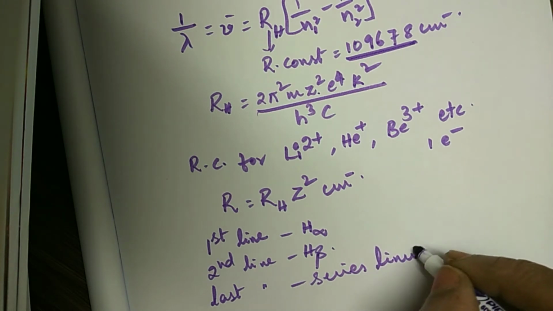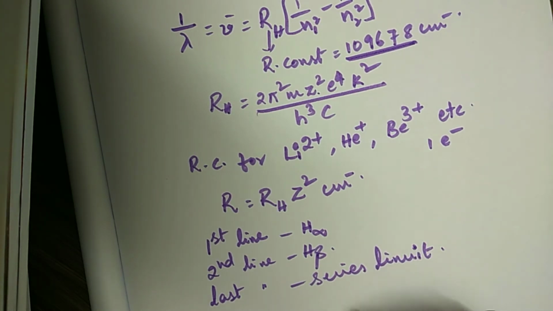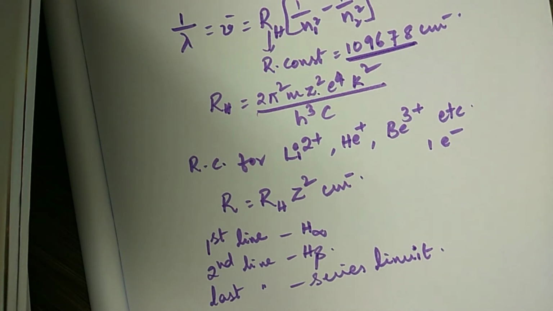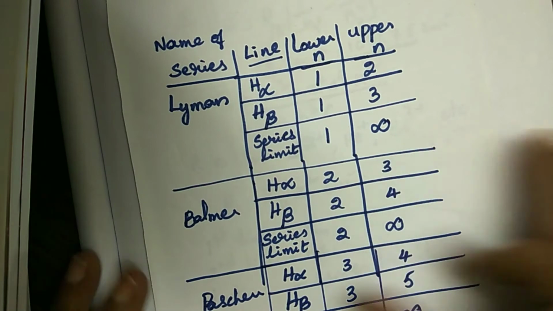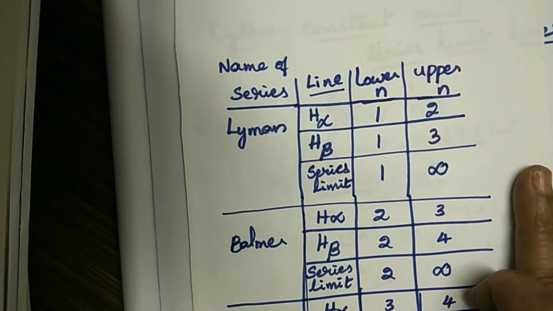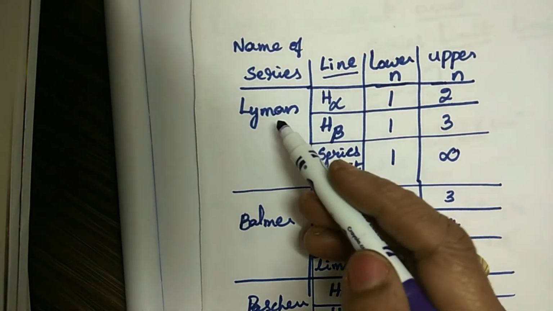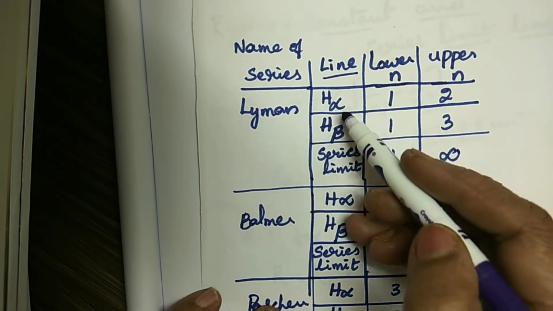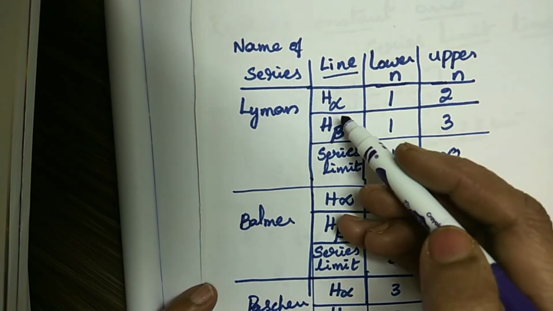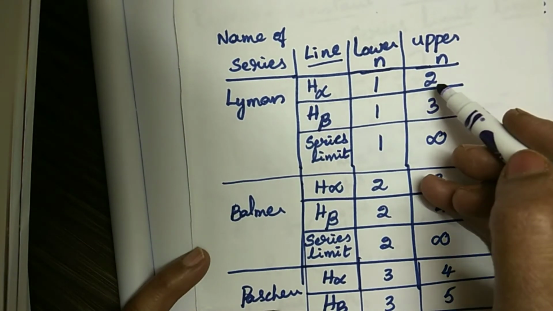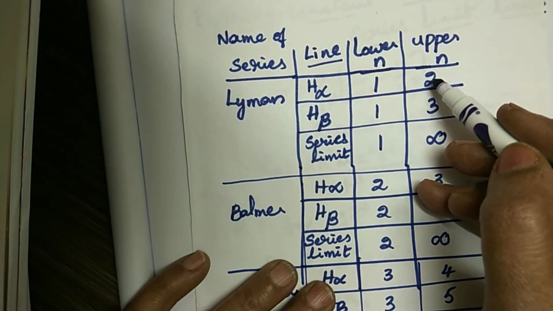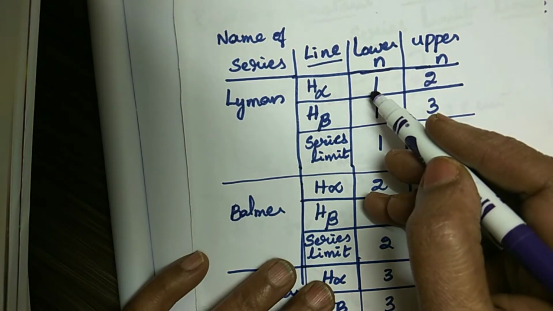These n1 and n2 values are different for a different series of lines. So, these H alpha, H beta and series limit are different for a different series of lines. Now, you can see here, it is a Lyman series. In this Lyman series, the H alpha line is the transition of the electron from the second principal quantum number, second orbit, to the first principal quantum number, right?